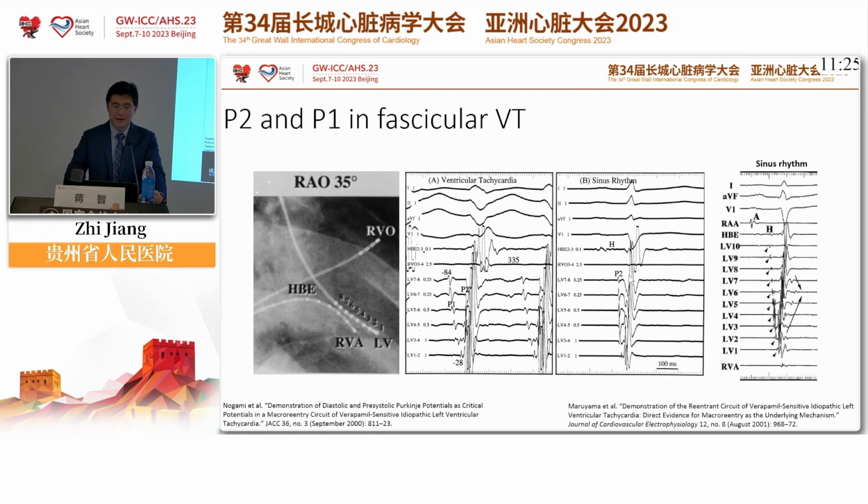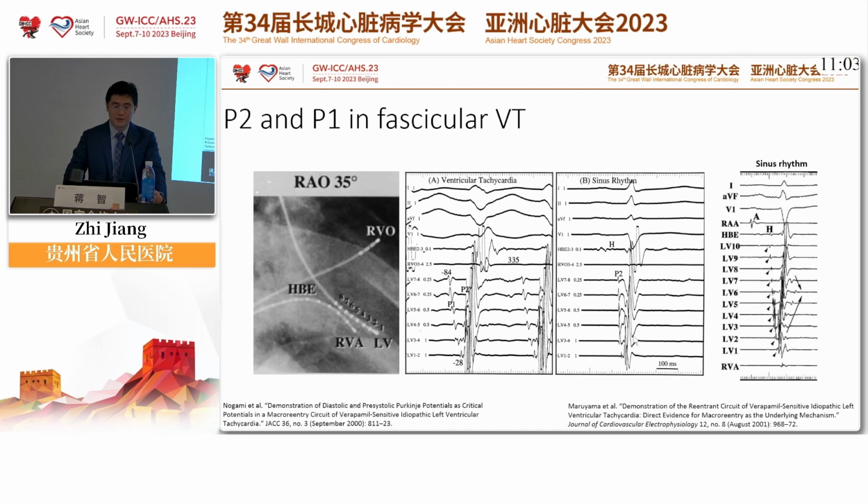It was a high frequency, short duration potential, which conducts from proximal to distal in the sinus rhythm. And during the tachycardia onset, the P2 conducts from distal to proximal. And the second is the P1 potential.